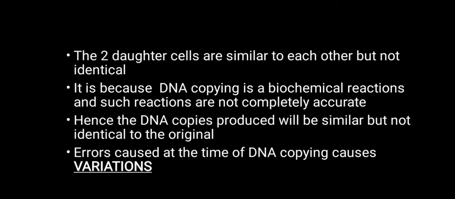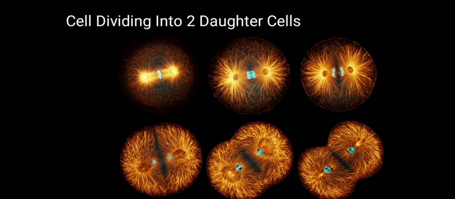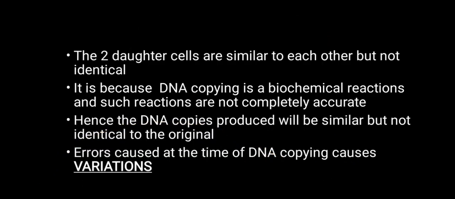So the two daughter cells are similar to each other, but they are never identical, because the DNA copying, as we told, is a chemical reaction, but actually it is a biochemical reaction because it is taking place in a living system, and such reactions are not completely accurate or completely reliable.